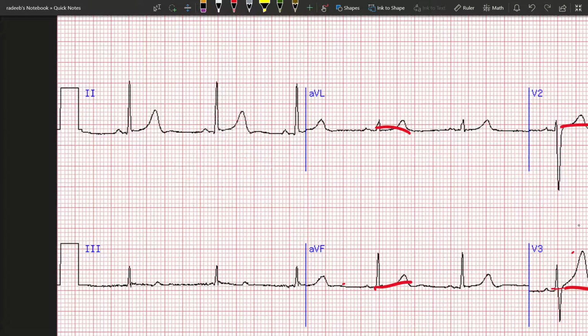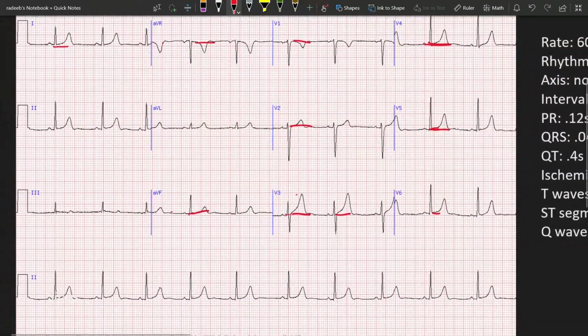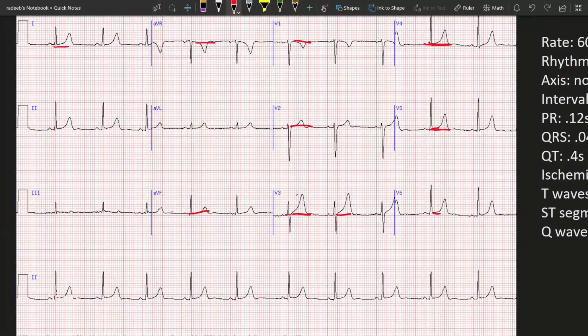And again, you glance your eyes at every lead here. So let's go ahead and look at everyone. That looks fine. No Q waves, no Q waves. That looks fine. No Q waves, nope. Nope.